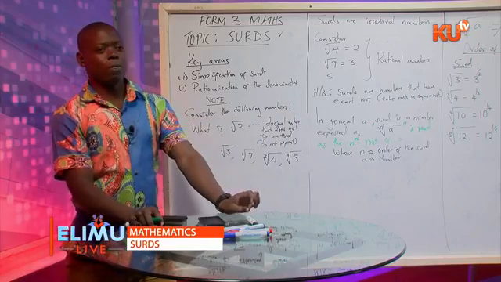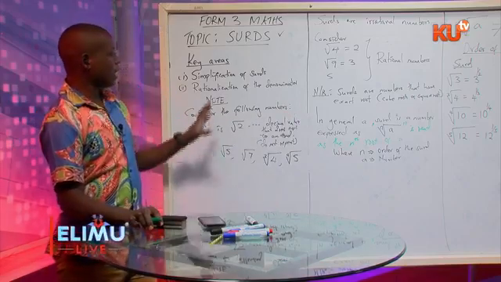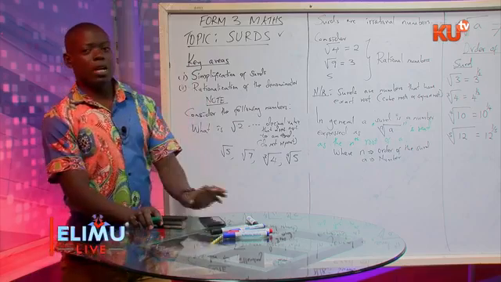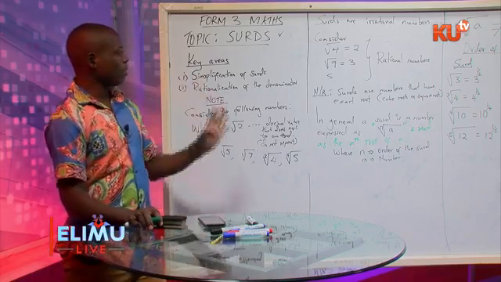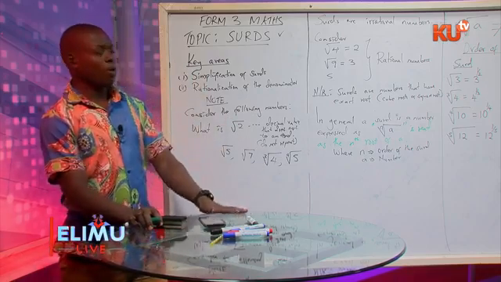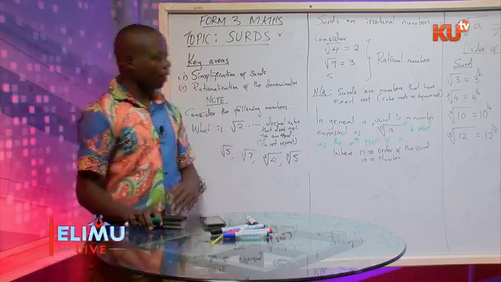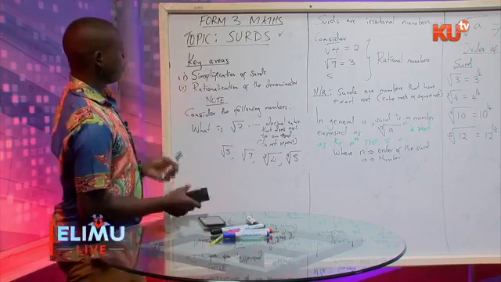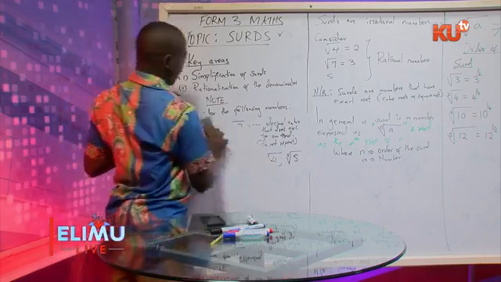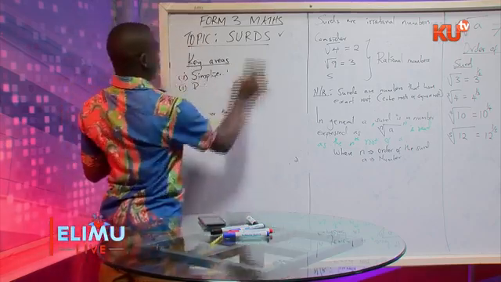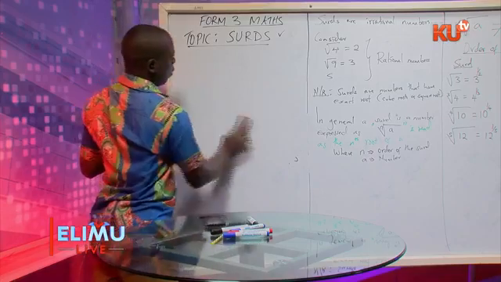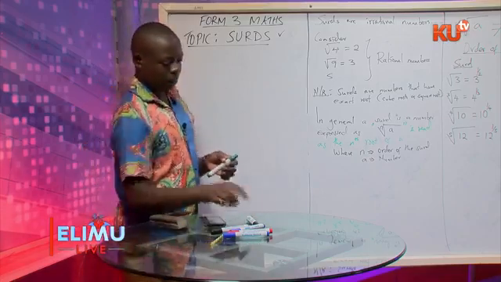But now, when questions are tested, we focus on these 2 areas. Either you'll be given a question to simplify a surd, or you'll be given a question to rationalize the denominator. So how do we work out the simplification of surds?